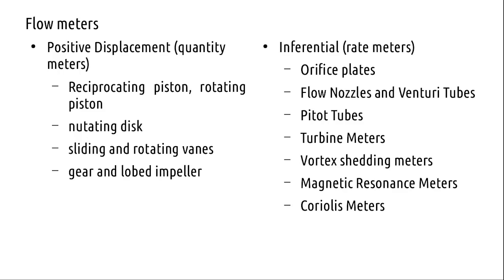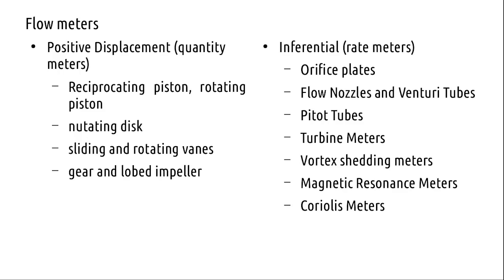In positive displacement, there will be some component, usually a mechanical component, which is rotating within a chamber, and this rotation will be caused by the fluid. The simplest example of positive displacement type of meters is your domestic water meter.